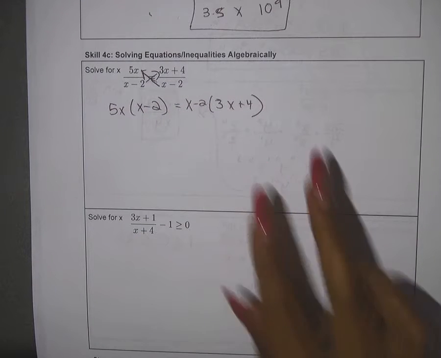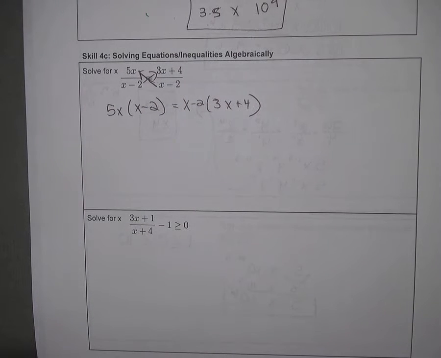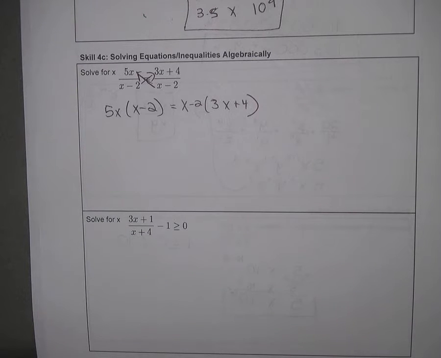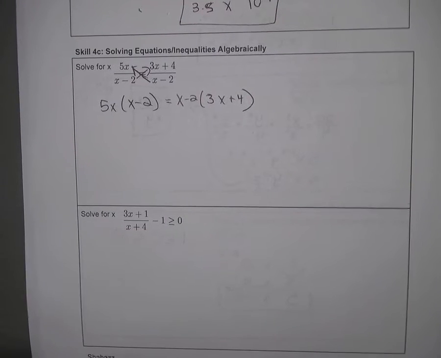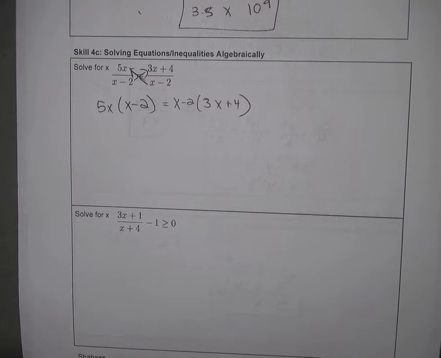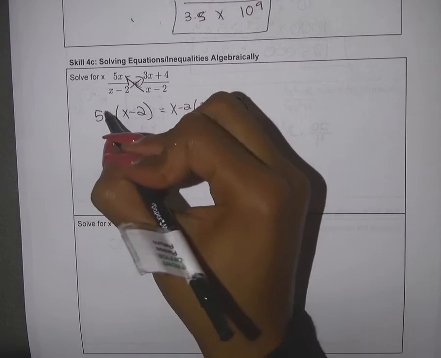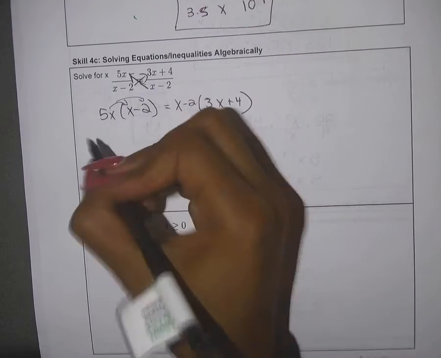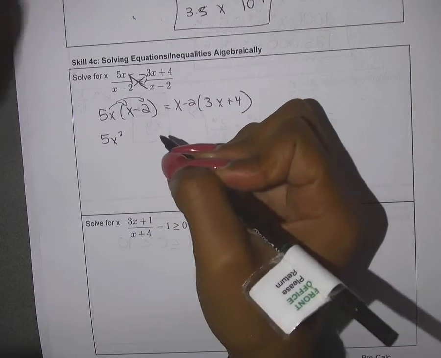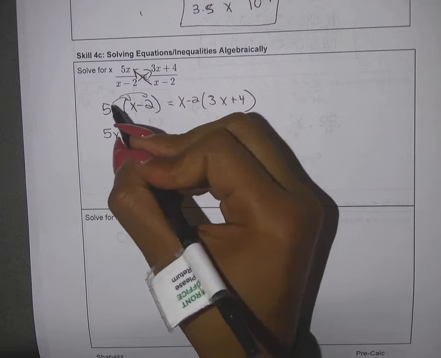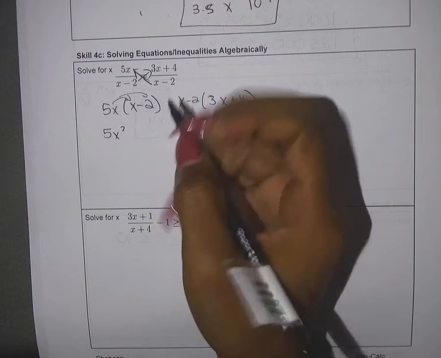So now at this point, you're welcome to distribute, but I also notice that I have common terms. You can divide x minus 2 on both sides at this point as well to get those two terms to cancel out. But I'm just going to go for the long route just so we can, it's nice and scenic, right? So I'm going to go ahead and distribute the 5x here and here. 5x squared. This is the way that I'm going to solve it, but you could also divide by x minus 2 on both sides too.